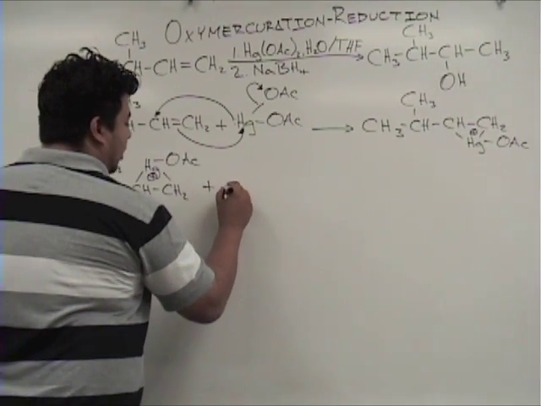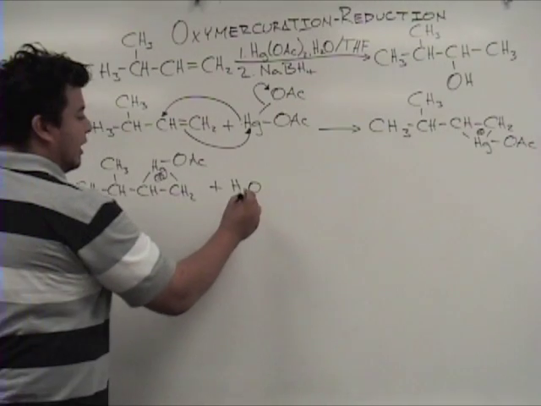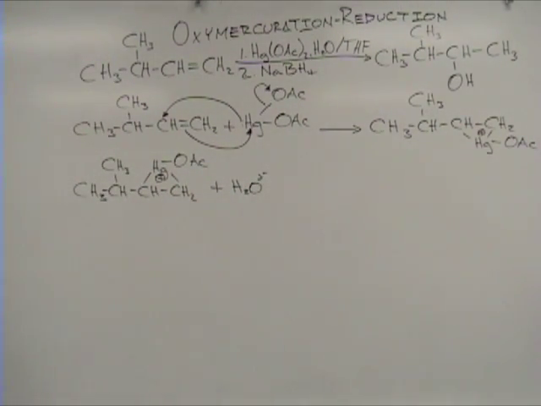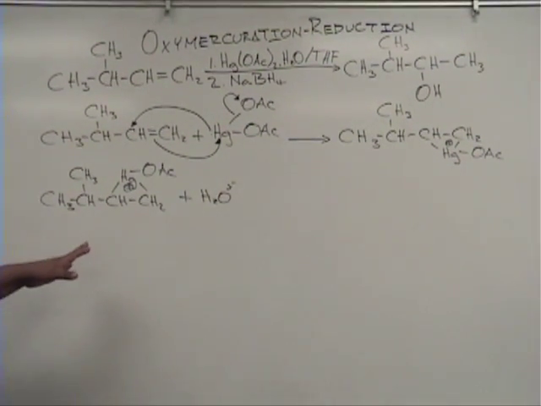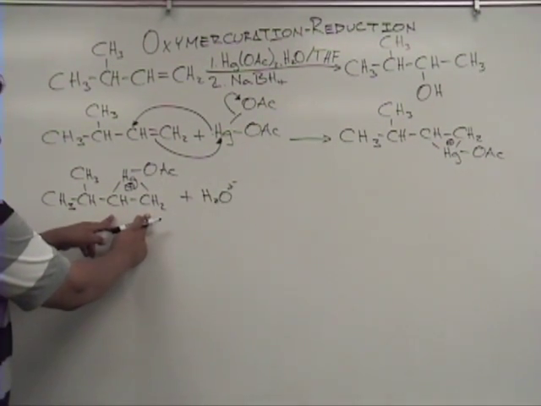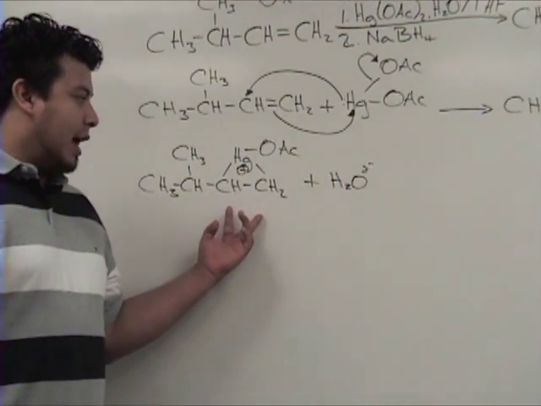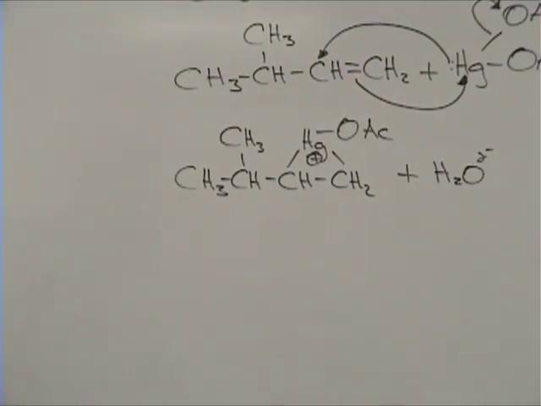So we're going to draw the water molecule. And we know that this is a polar molecule and the oxygen is partially negative. Now let's think of which one of these two carbons it's going to attack, because it can attack either one. Now, the more stable one is going to be our major product.